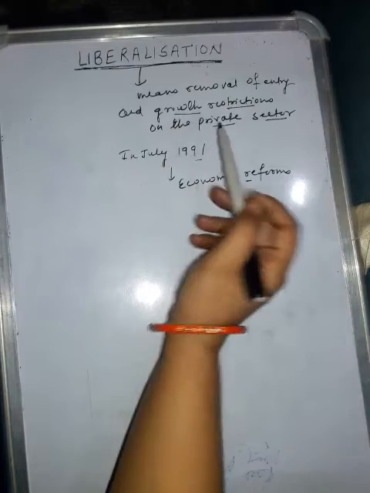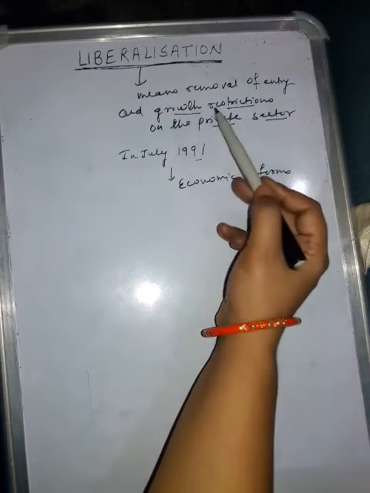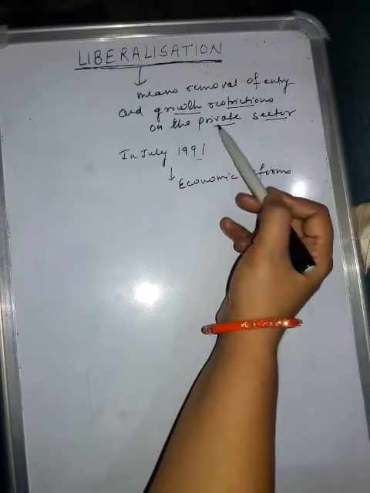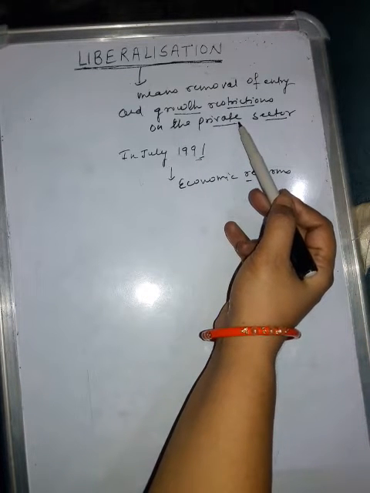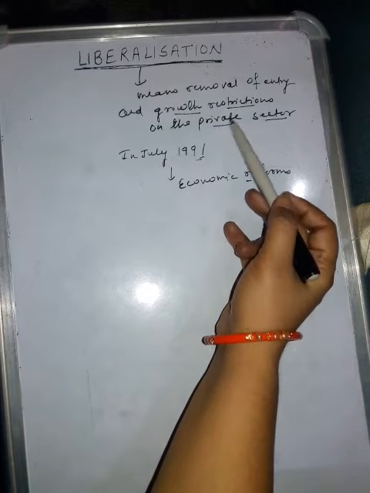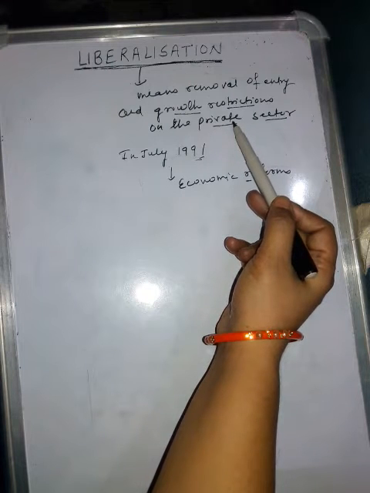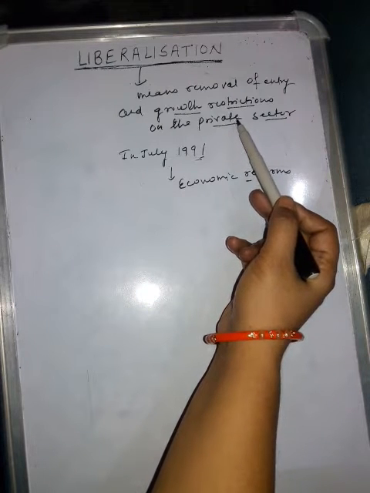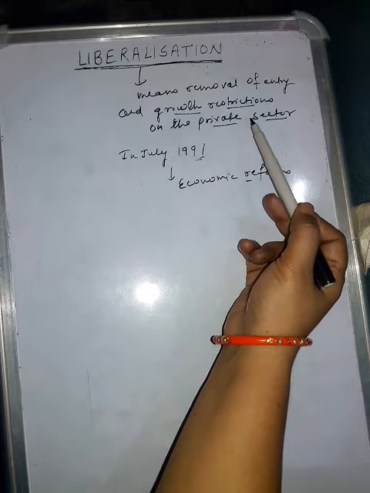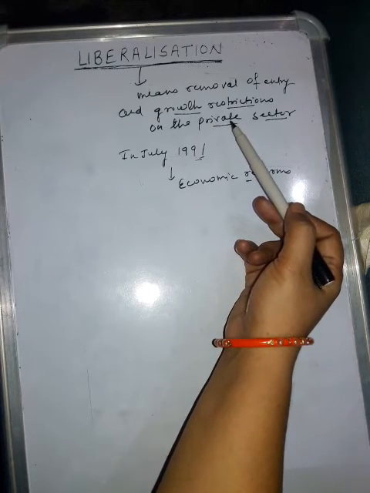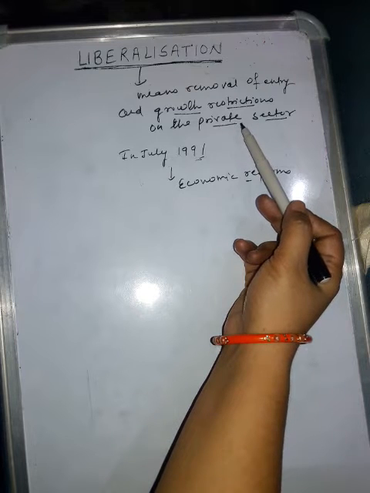Again, liberalization means removal of entry and growth restrictions on the private sector. Before 1991, the private sector had to take permission for establishing new industries or expansion of their industries, and for the diversification of output.